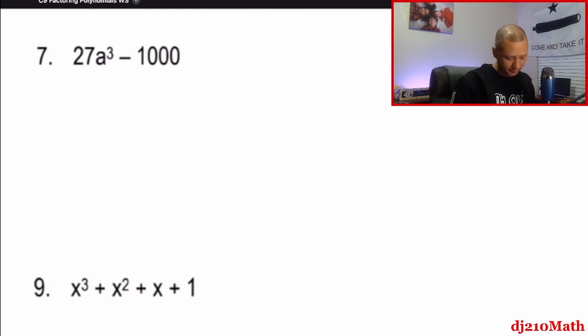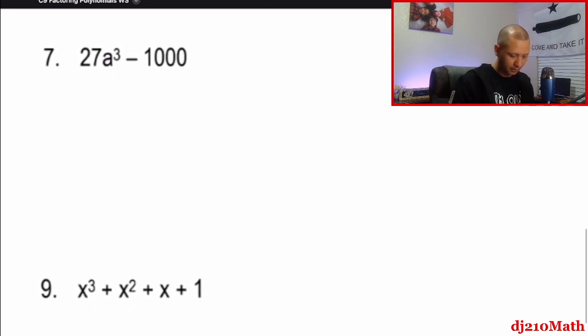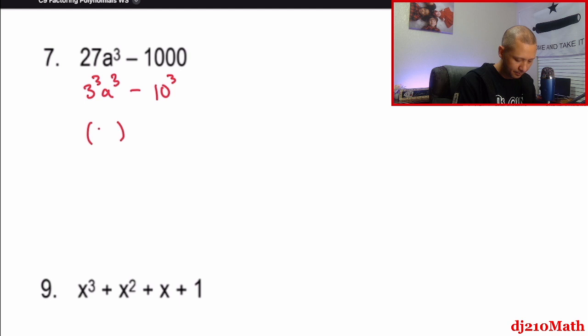Okay, 27a cubed. This is very similar to our previous problem. It's 3 cubed, a cubed, minus 1,000, which is 10 cubed. Right, 10 times 10 times 10. So we have 3a cubed minus 10 cubed.